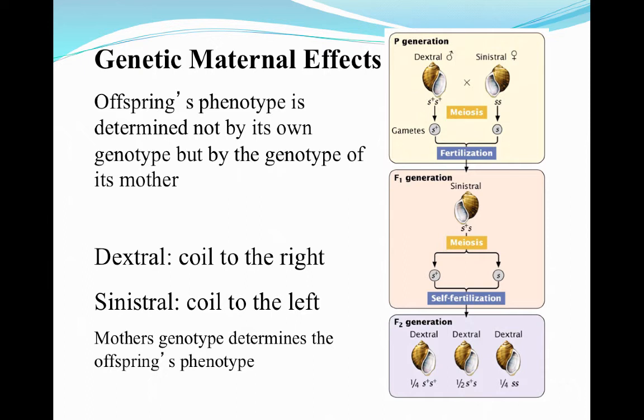So a dextral coil is going to coil to the right, sinistral is going to coil to the left, and the mother's genotype is actually going to determine the offspring's phenotype. So the genetic maternal effects is where we see an offspring phenotype for a specific trait that is not determined by its own genotype. So its own genome is not dictating what is actually being expressed, but it's actually going to be dictated by what the mother was.